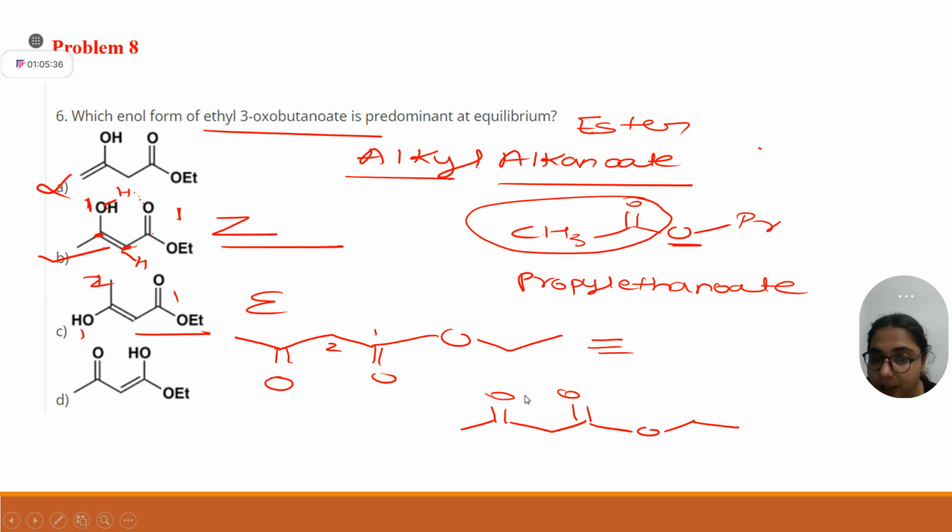Because if you make the enol form of this side, this carbon is left with the ester. This carbon can be stabilized by this oxygen, right? If we compare these two, which carbon will be stable? Obviously this. Stable means it will be sufficiently electron rich due to this oxygen lone pair.